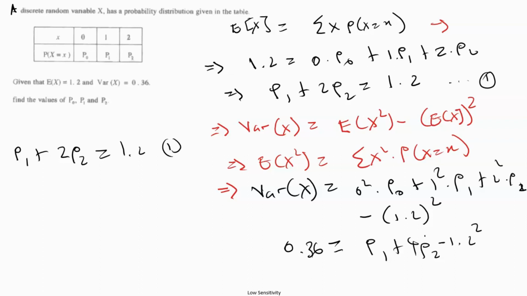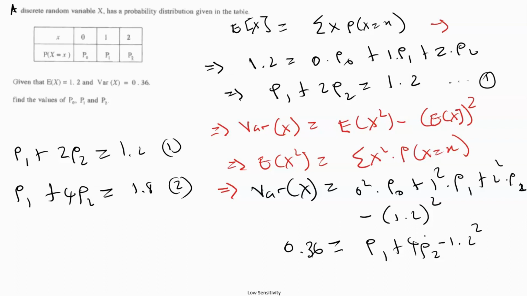We can simplify this to get our second equation, which is P1 plus 4P2 is equal to 1.8.